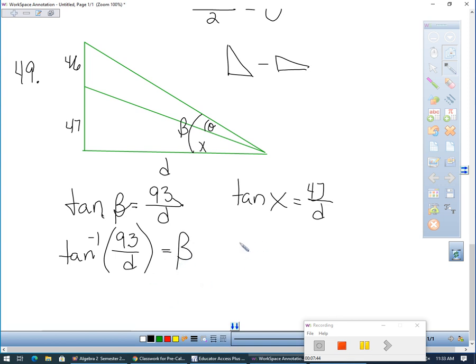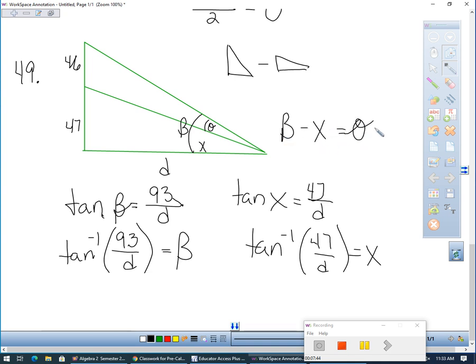This one can be rewritten as the tangent inverse of 47 over d equals x. And the idea is we're taking our beta angle and subtracting our x angle to get our theta angle.